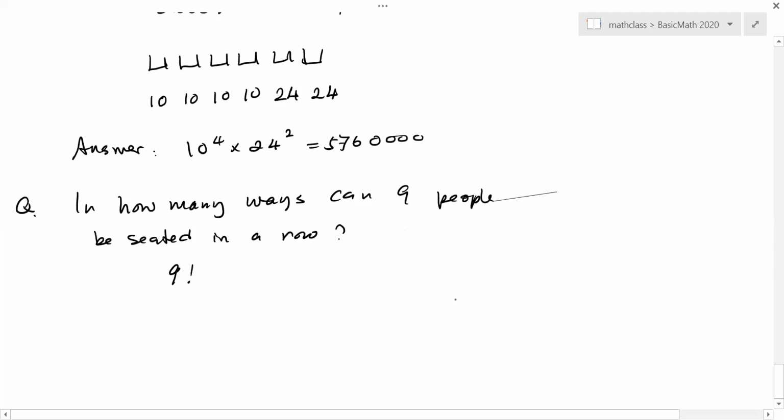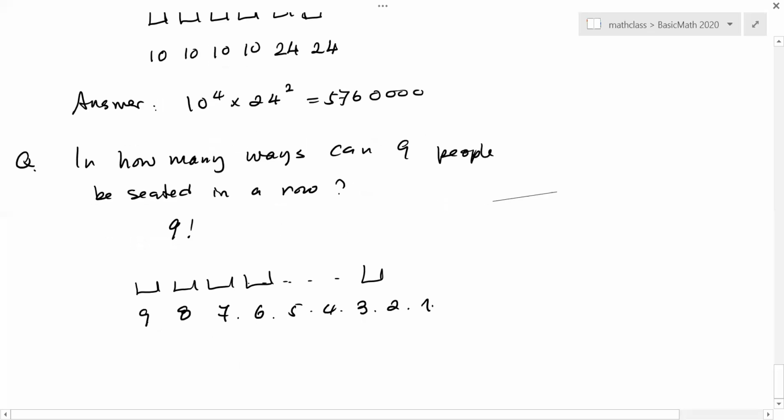So the way we get 9 factorial is as follows. You have 9 people, so you put 9 chairs. For the first chair you have 9 choices. Then you select one and put it here. Then only 8 left, then 7 left for the third seat, then 6, 5, 4, 3, 2, and the last one has only 1.